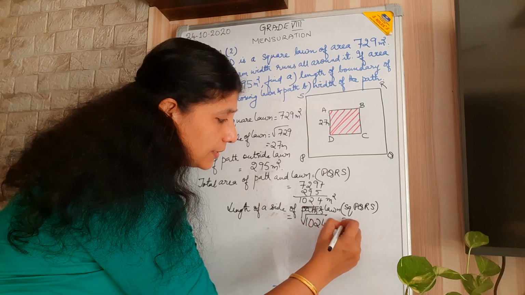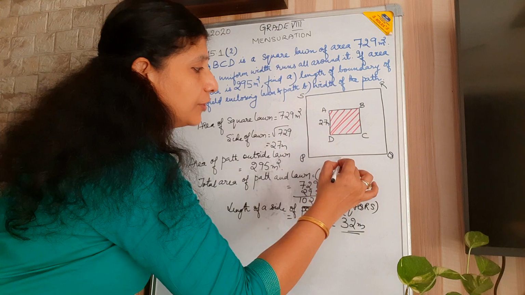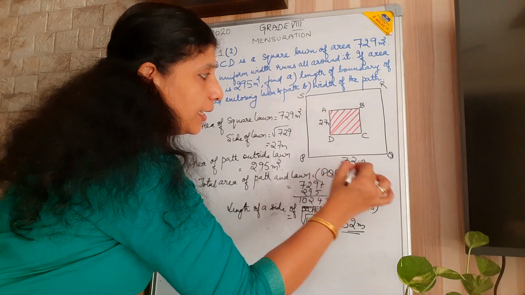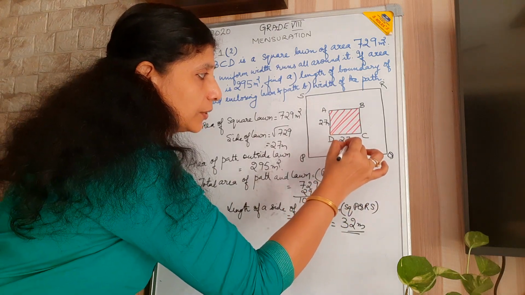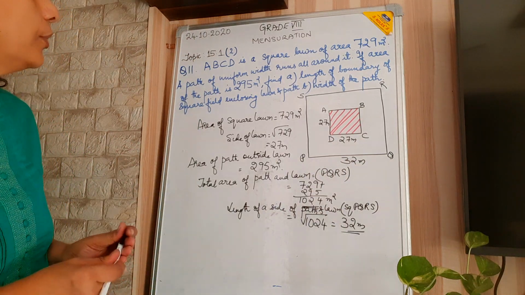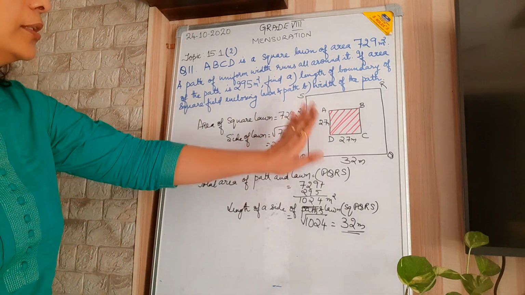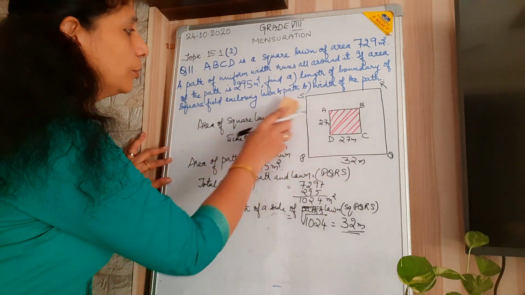The square root is 32 meter. So you got the length of this one as 32 meter, and the length of the inside square is 27 meter. Now, how will you find the length of the boundary enclosing the whole square field?